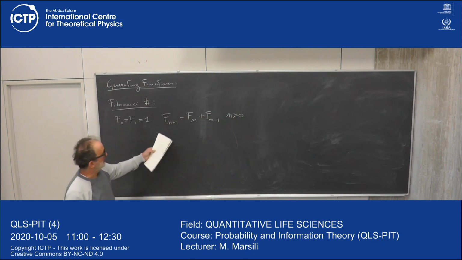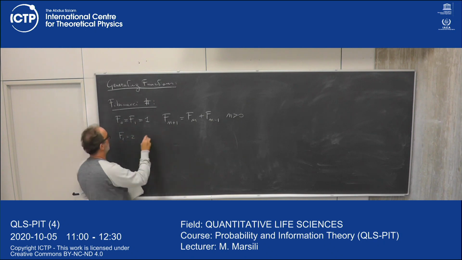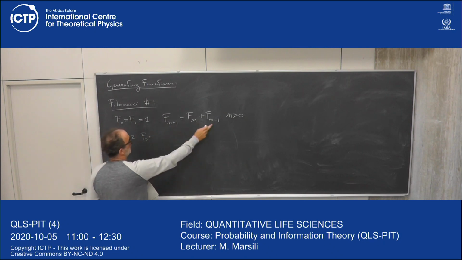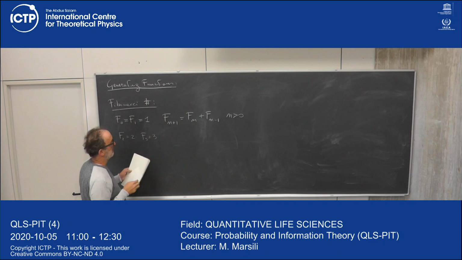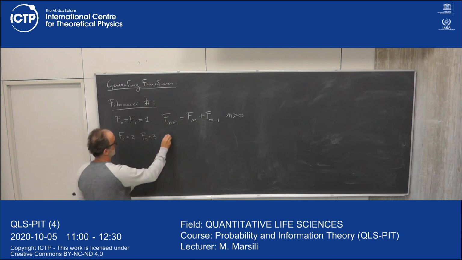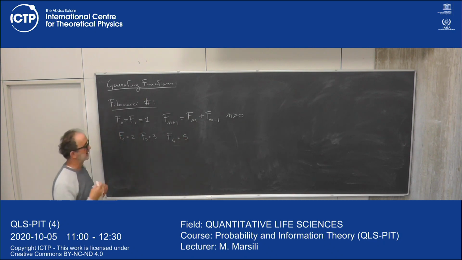Okay, so for example, you can see that f2 is equal to 2, f3 is equal to 2 plus 1, which is 3, but f4 is equal to 5, which is 2 plus 3, etc., etc.